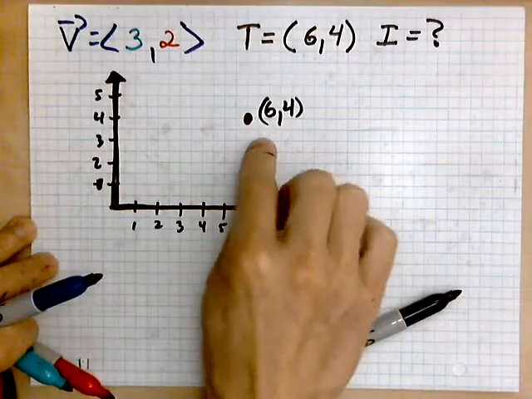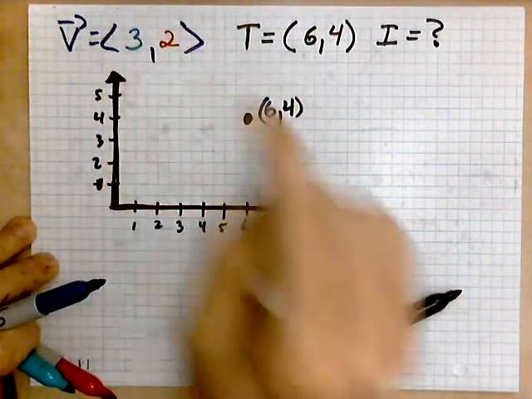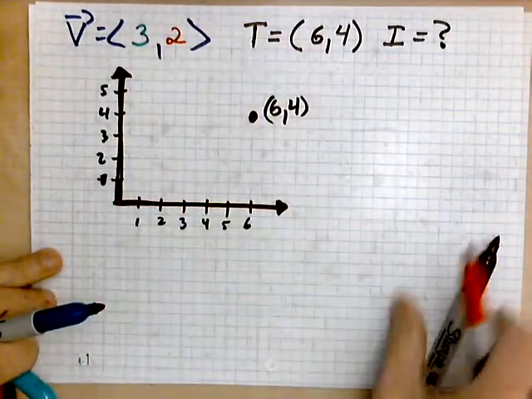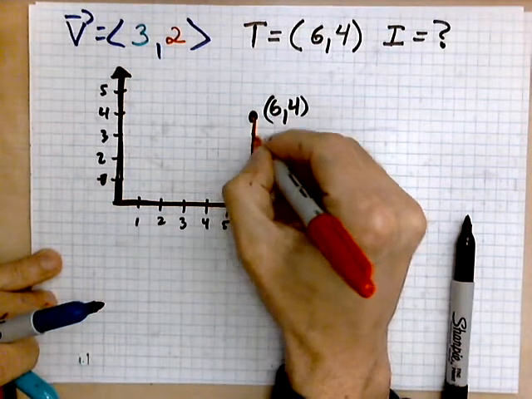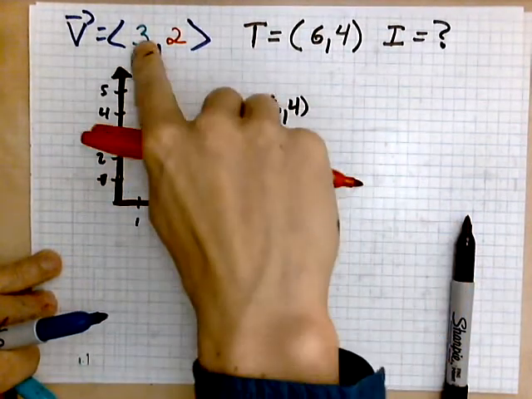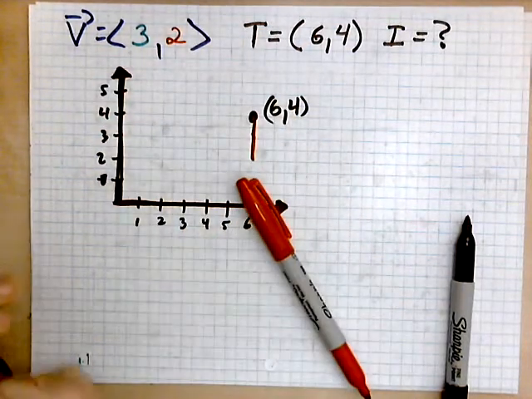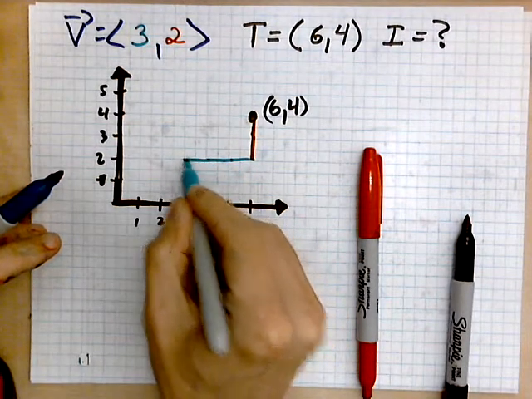And now we had to reach this point by following these components. So now follow them backwards and take a look. Instead of 2 up now, you have to go back 2, right? So 1, 2 down, so to speak, and then instead of 3 to the right, you've got to go 3 to the left. 1, 2, 3.